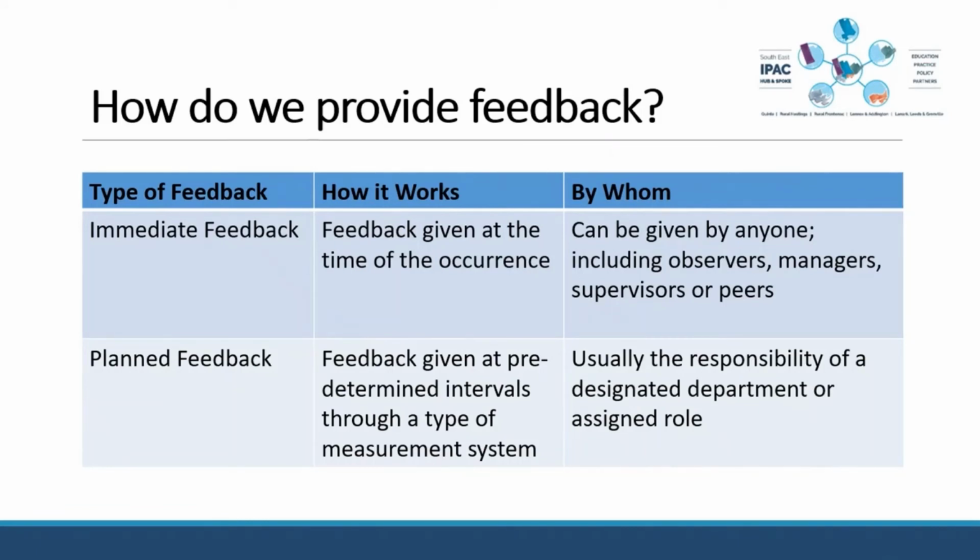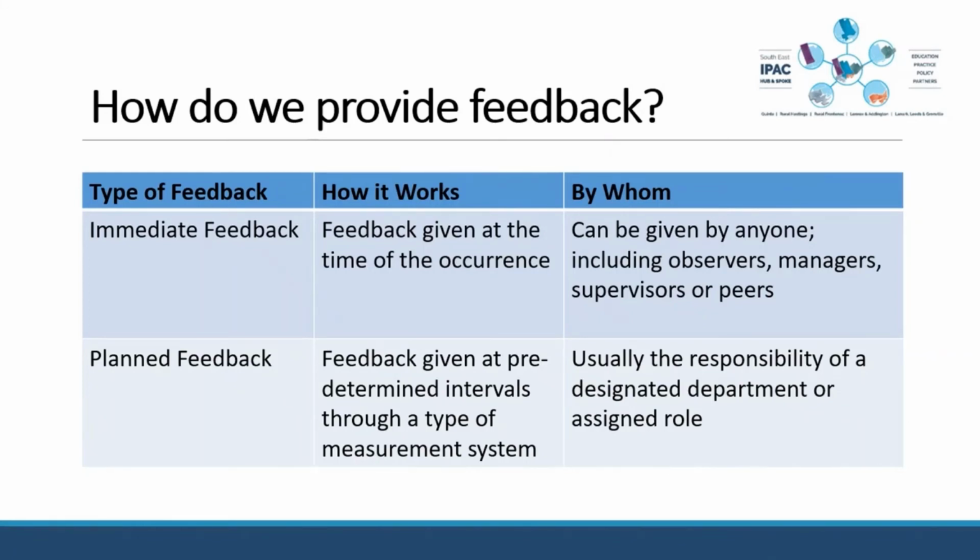This culture of safety also has goals to have safe operations and has collaboration to identify unsafe practices and find solutions. It is organizations with a safety culture in place that allow for effective peer feedback, as people are not afraid to speak up if they witness something unsafe. The other type of feedback is planned feedback, which is given at regular intervals. For example, a regular report that goes to the Infection Prevention Committee.